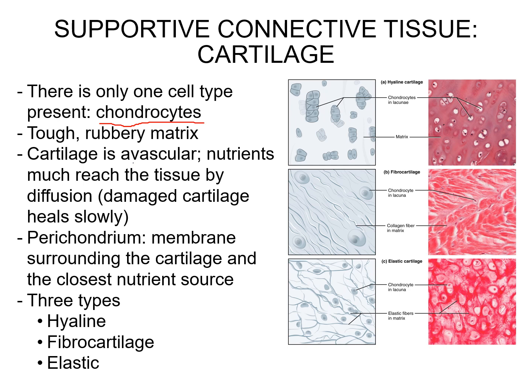Now, very important characteristic with cartilage, similar to your epithelial tissue, it is avascular, which means what? That means that it doesn't have a lot of blood flow. Not a lot of blood vessels reach your cartilage. So if you were to damage this, it will heal very, very slowly, if at all.